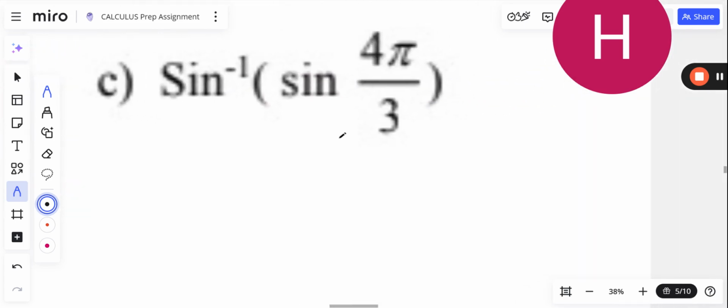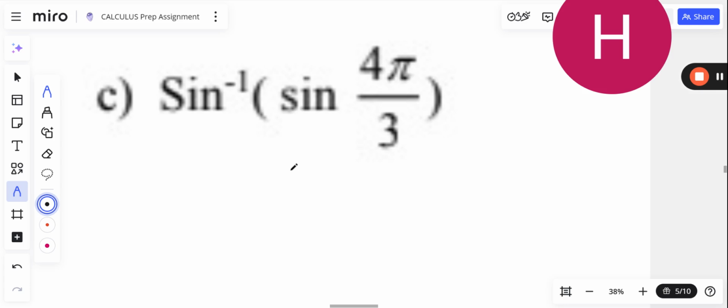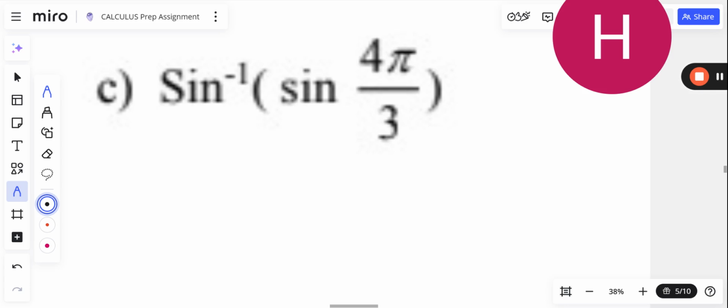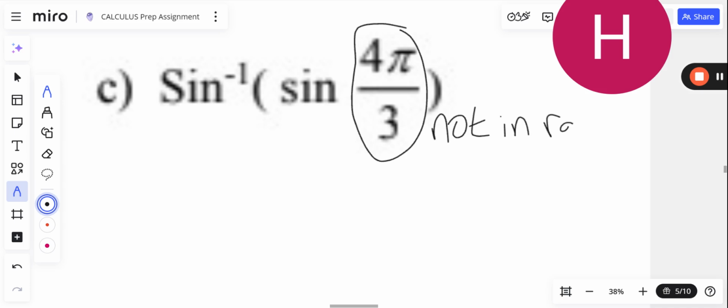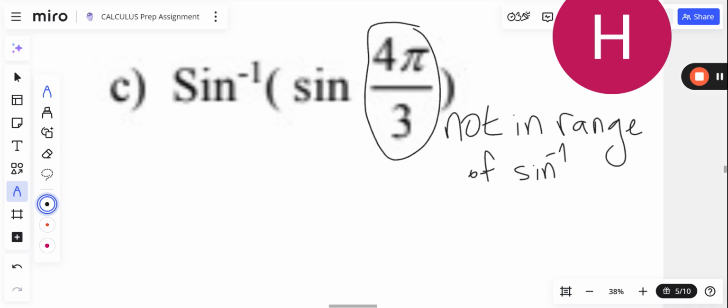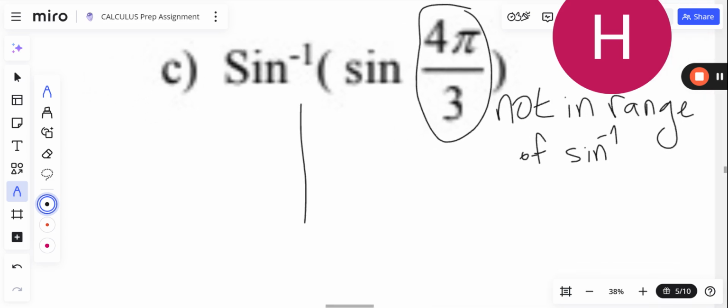And let's move through this one. Sine inverse of sine, it does in a sense cancel, but we have to be careful because the sine inverse of anything cannot be equal to 4pi/3. This is not in the range of sine inverse. So we're not able to use 4pi/3. Let's look at where 4pi/3 is located. It's located down here.